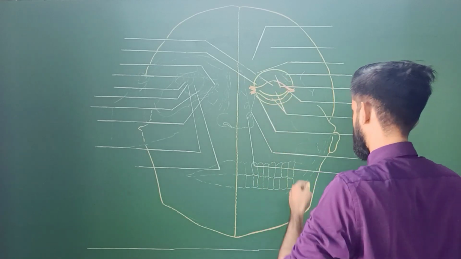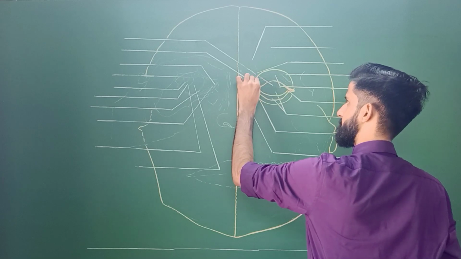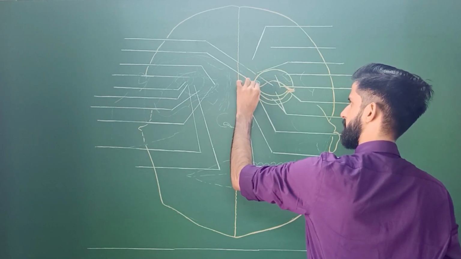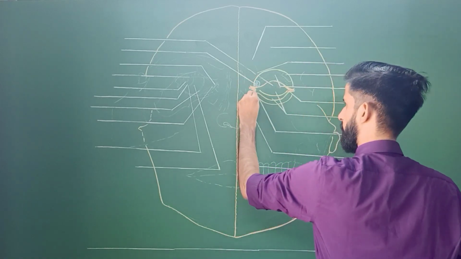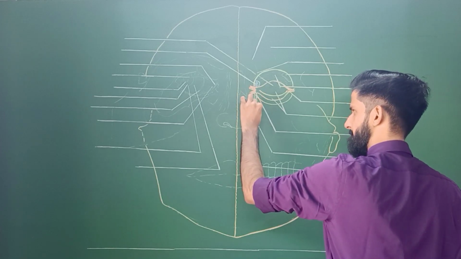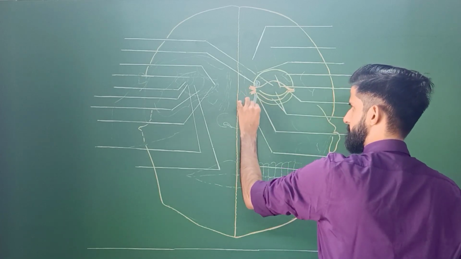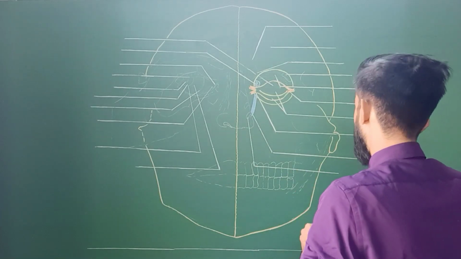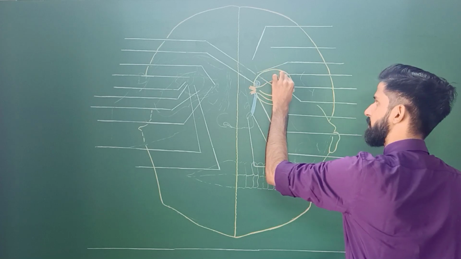Now above this we have to show the lacrimal sac. This entire part is the lacrimal sac, followed by the lacrimal canal, and the lacrimal gland on this side.